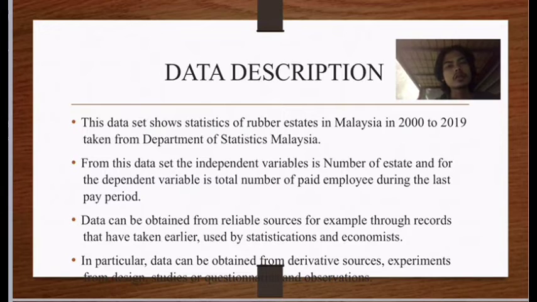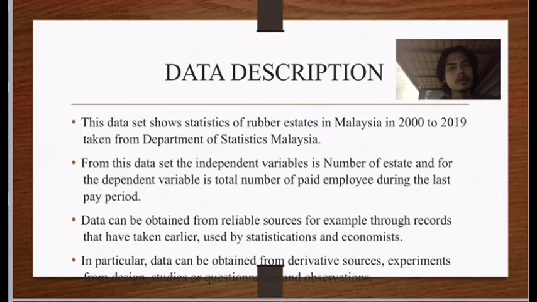I want to present about the data description. This data set shows statistics of rubber estates in Malaysia in the years 2000 to 2019, taken from the Department of Statistics of Malaysia. From this data set, the independent variable is the number of estates, and the dependent variable is the total number of paid employees during the last pay period.